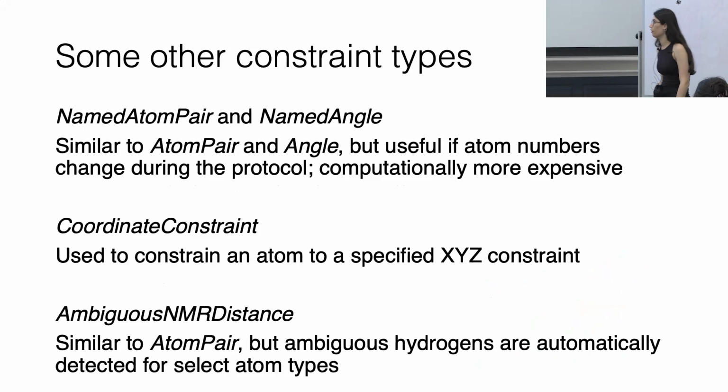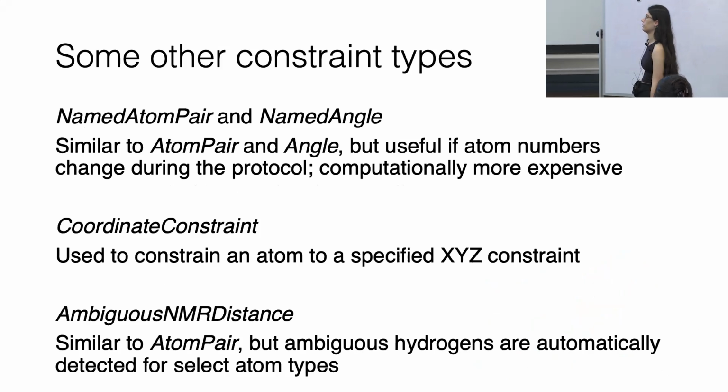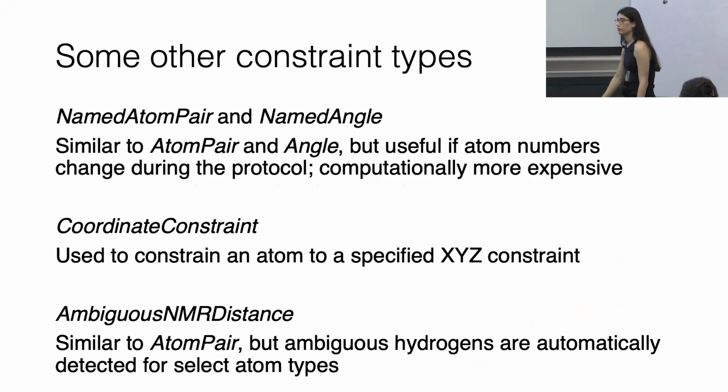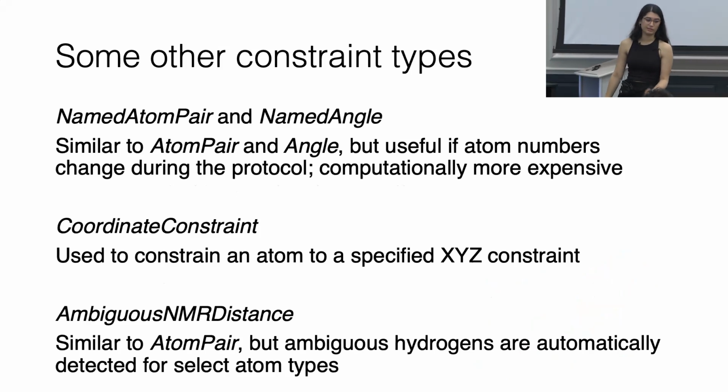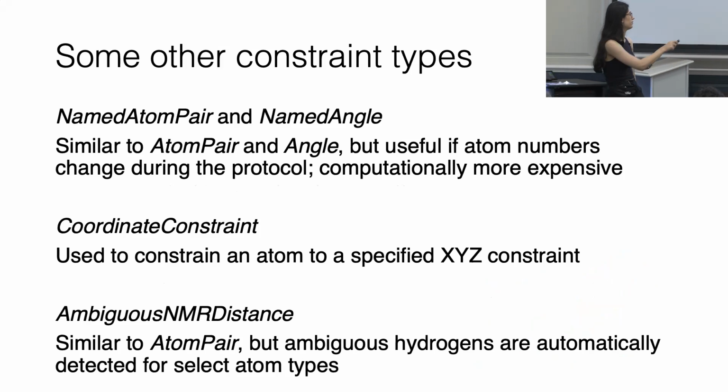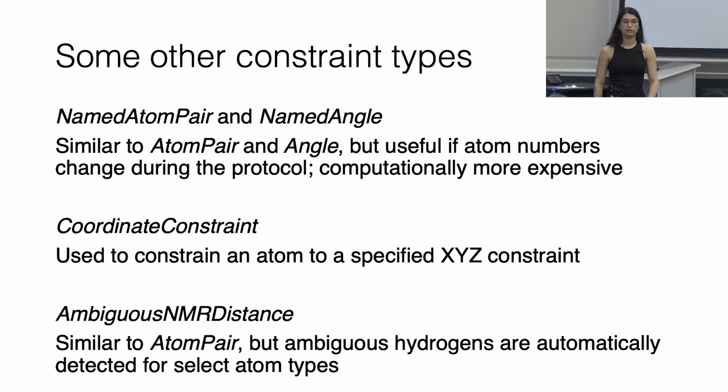So we're not going to go over these necessarily, but you can have, for example, a coordinate-based constraint. So we talked about how you have XYZs for every single atom. And so if you wanted to specify an XYZ at the level of just one atom or a collection of atoms, you would be able to do that. So you want them to stay exactly where they are in 3D and move things around them.